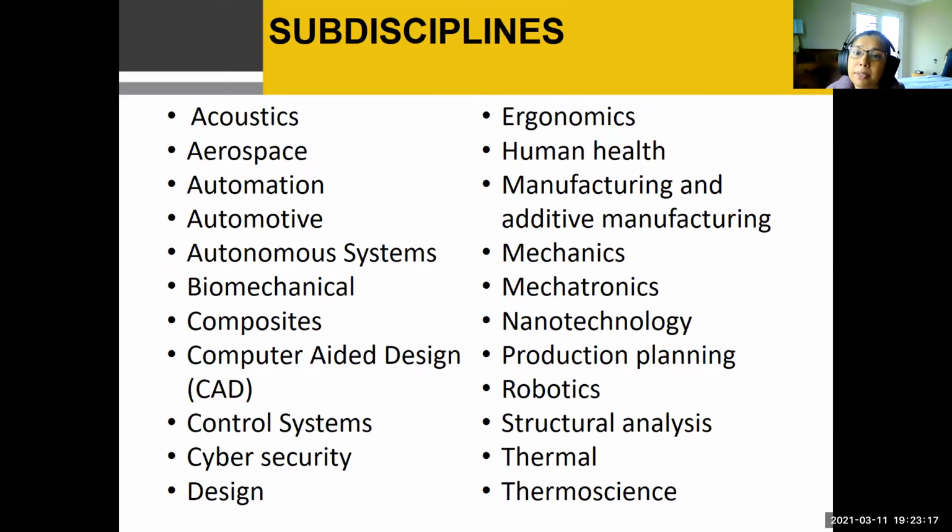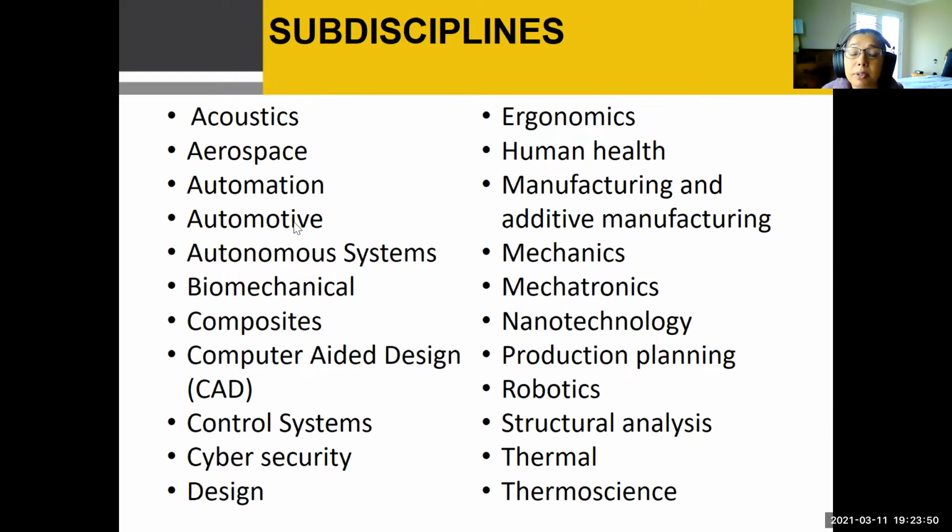But the big ones that you may want to consider, aerospace, this is specifically space travel and also aviation industries. And with this mission to Mars, there's a lot of opportunities in aerospace at the moment, actually. And I think one of our speakers that was recorded talked about the mission to Mars. So that's a big field right now.